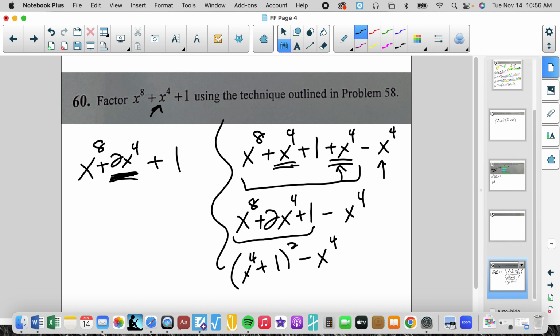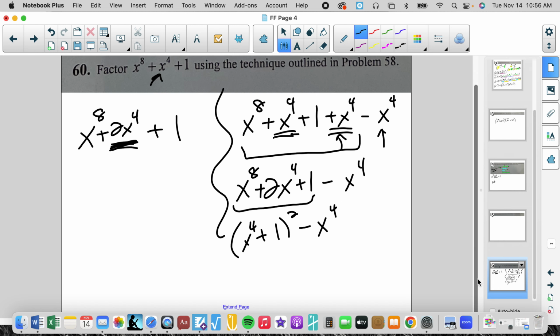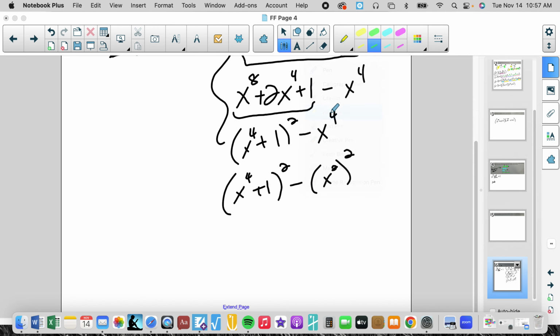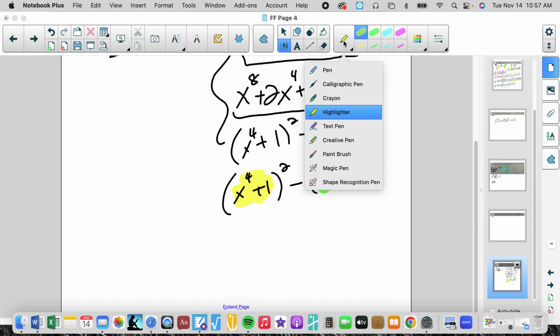And now we can do the difference of squares. So we could write this, and we can write this as x squared squared. So now we see our a and our b. This is my a value. This is my b value with the difference of squares.